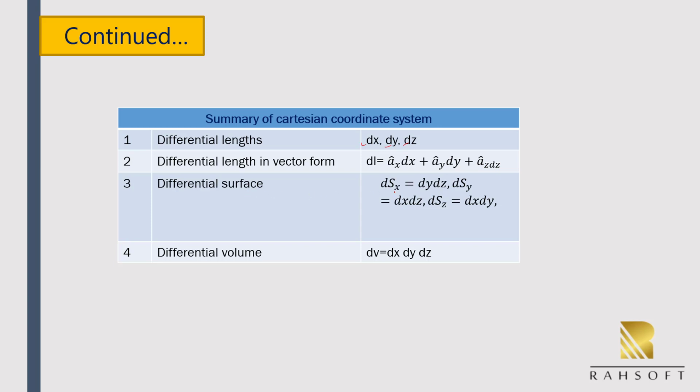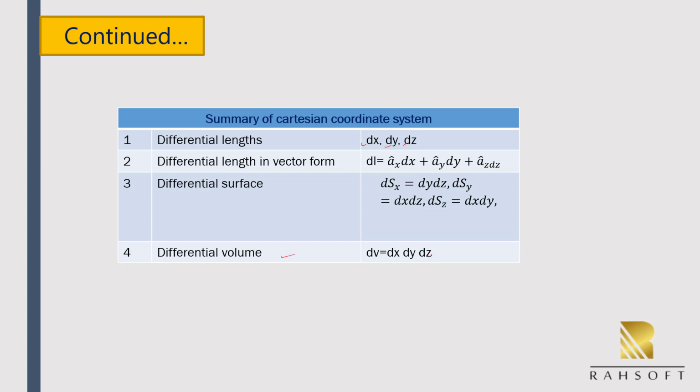And differential surfaces are dsx equal to dy dz, dsy equal to dx dz and dsz equal to dx dy. And differential volume dv equals dx dy dz. So these are the differential length, area and volume in case of the Cartesian coordinate system.